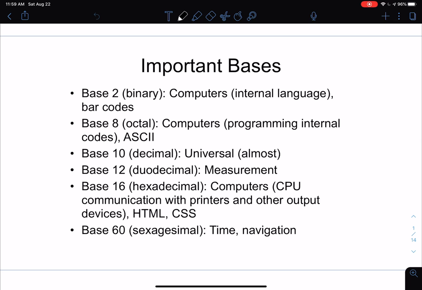And then as mentioned before, the base 60, that sexagesimal system, we see that in time and navigation. So 60 seconds in a minute, 60 minutes in an hour, or degrees, minutes, seconds. You're still 60 seconds in a minute, 60 minutes in a degree. So those are some important bases that you'll see, but we're going to learn general techniques for converting, even if it's not one of these bases.